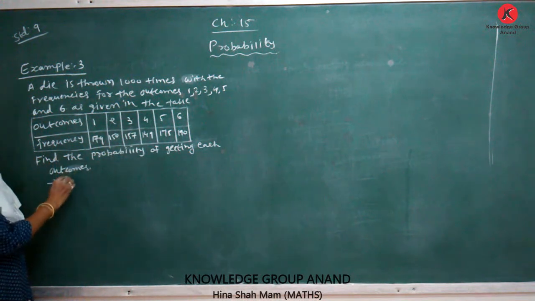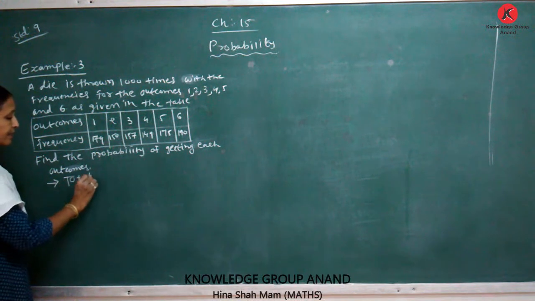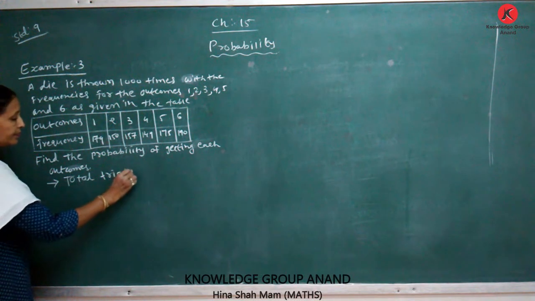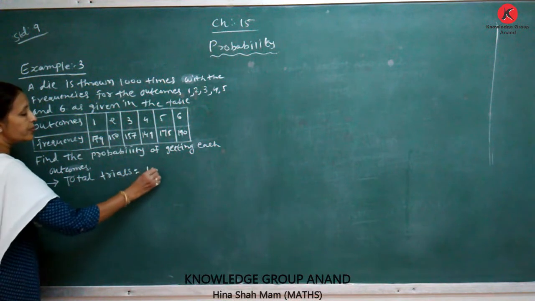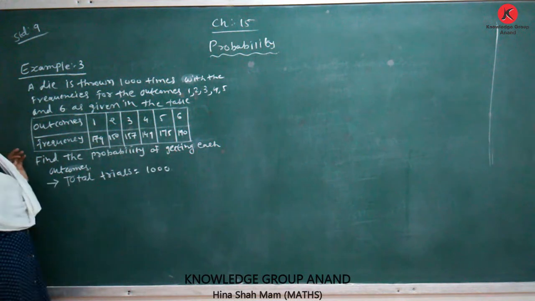Now the solution. Total trials is equal to 1000.